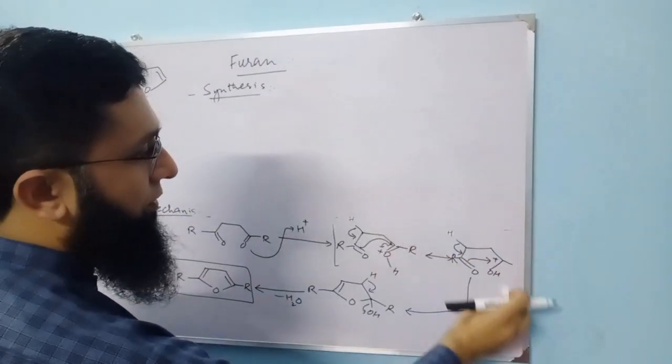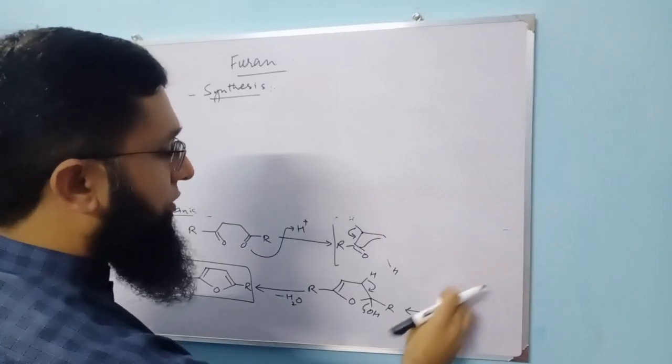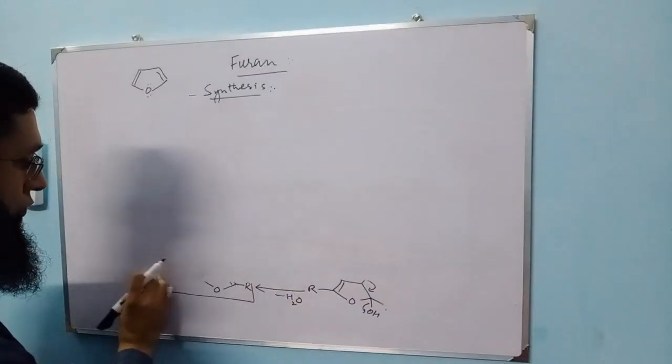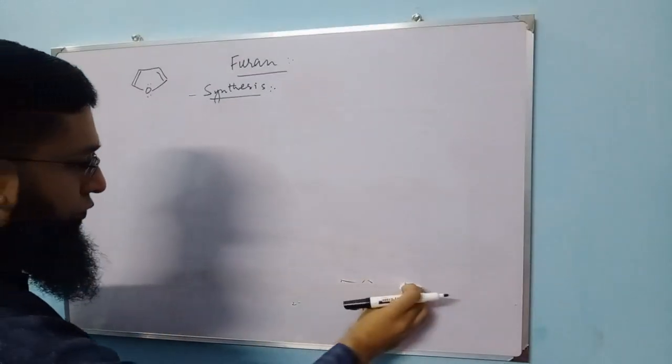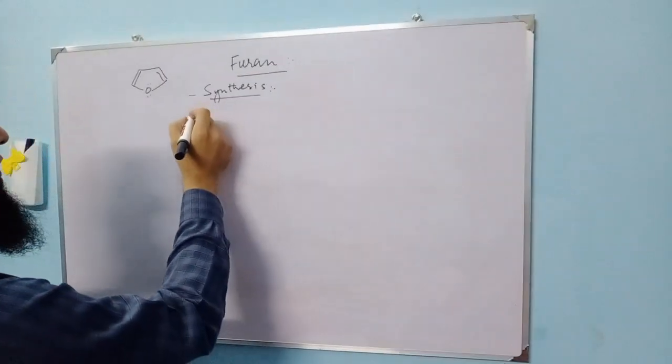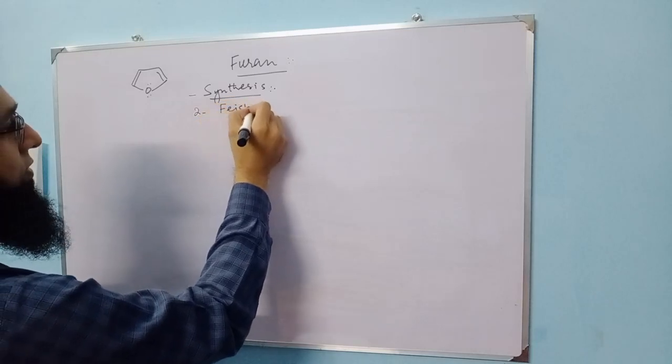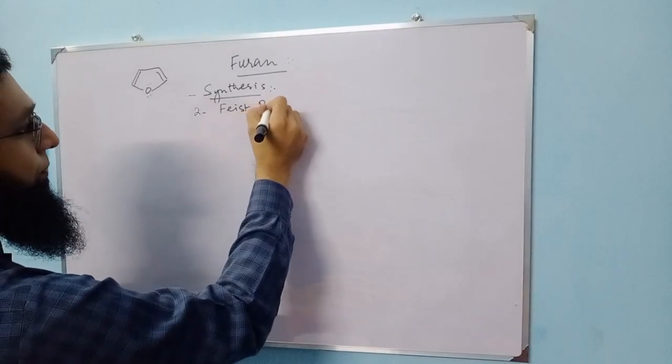So this was first method, Paal-Knorr synthesis. Next method is Feist-Benary synthesis.